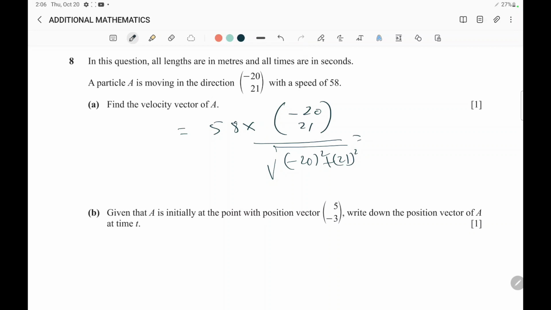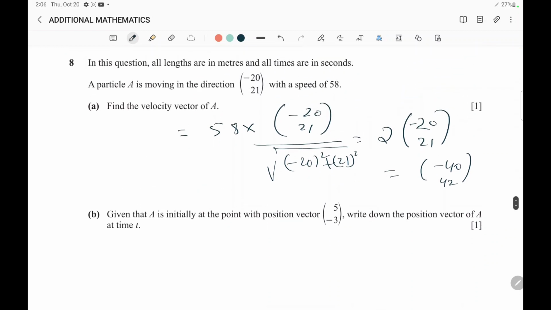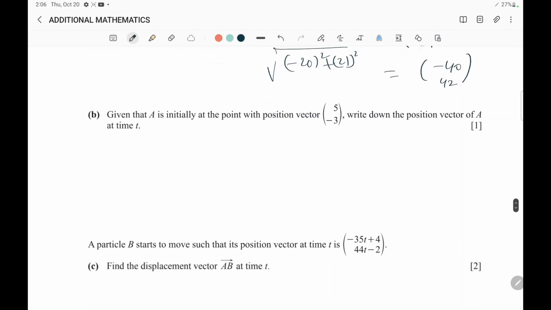It's 58 over root 2, so 2 minus 20 and 21, so it will be actually minus 40 times, oh sorry, minus 40 and 42. Okay, this will be your answer. It's only for 1 mark. It's more than enough to show this explanation.